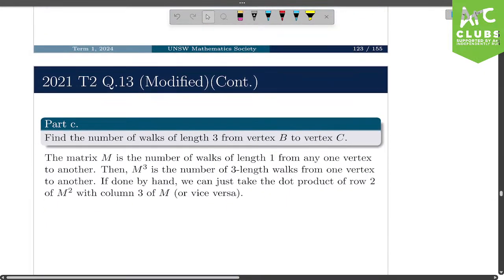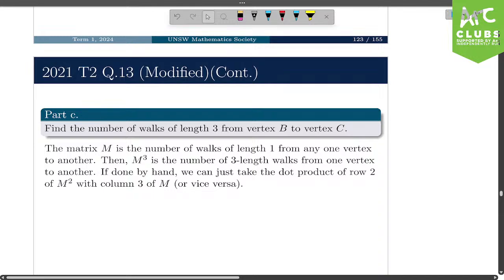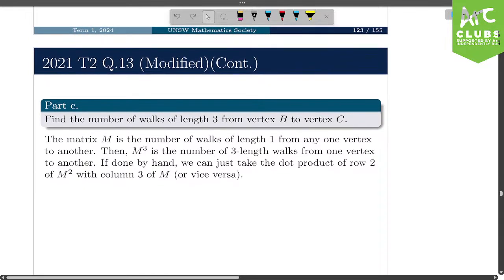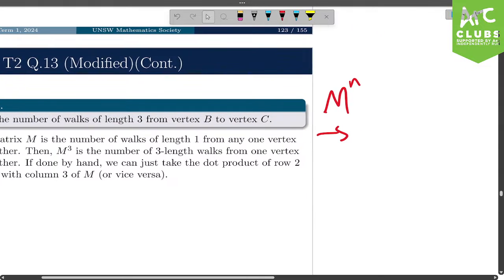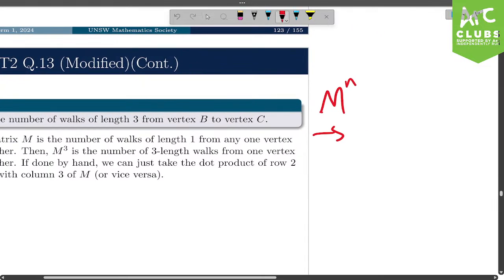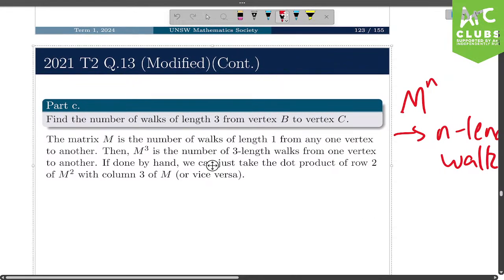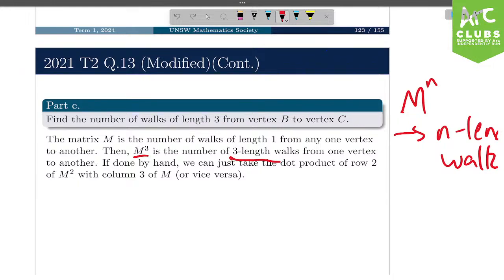If you do the matrix multiplication with itself, you will get the number of walks of length 2. So M to the N is the matrix of the number of N-length walks from one vertex to another. Here we see that M cubed contains the number of 3-length walks between vertices.